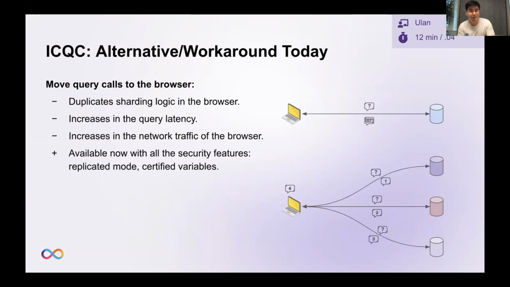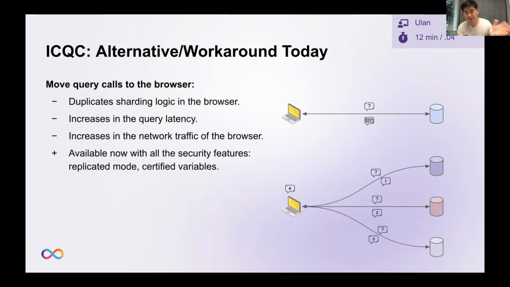Right, before diving into ICQC details, I want to mention the alternatives that work today. The idea behind the alternative is to move the query calls to the client side, to the browser. So now the browser would need to do two steps. In the first step, it sends a query to the main canister and asks for the list of canisters that hold the data.